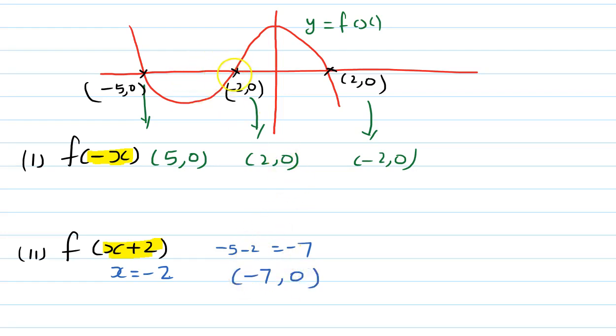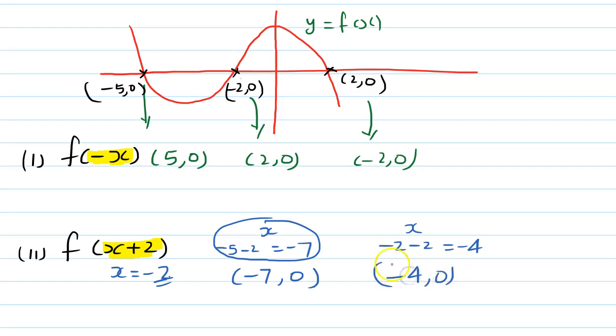Now here it is minus 2, so the next coordinate will be minus 2. This is for x value. We are calculating x for here, minus 2 from here, and this is minus 2. Minus 2 minus 2 becomes minus 4. So this coordinate will be (-4, 0). And this coordinate, this is another x value.